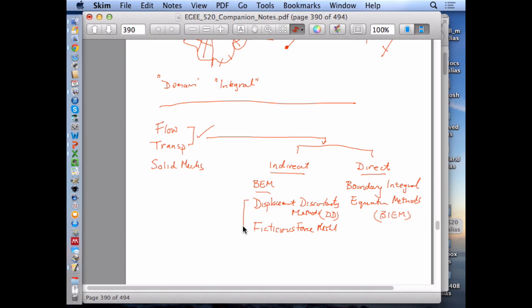Then both of these are for solid mechanics. And you recognize, of course, that when we've solved finite element equations, we've done something like this. So our nodal variables are either forces or displacements. These indirect methods basically are attempting to do one thing.